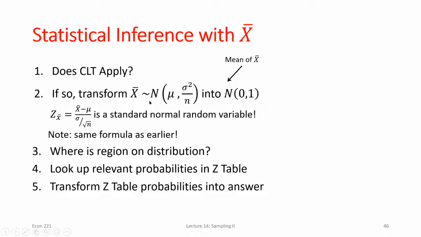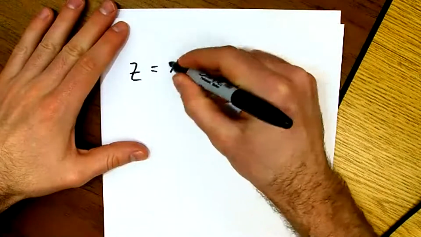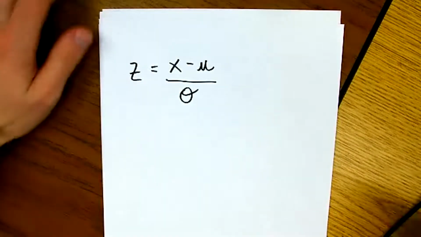standard deviation, right? So if we're trying to remember what we were doing, a brief review here, just to give a little bit better context. All right. So when we're calculating a z-score, we subtract the mean and divide by the standard deviation.